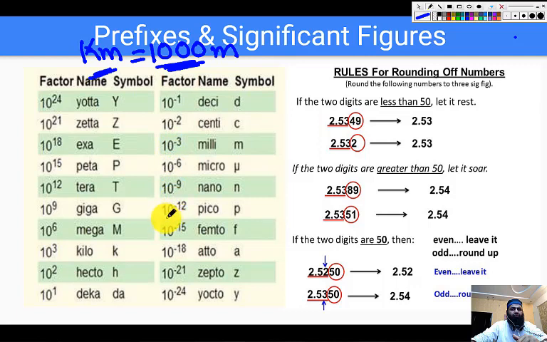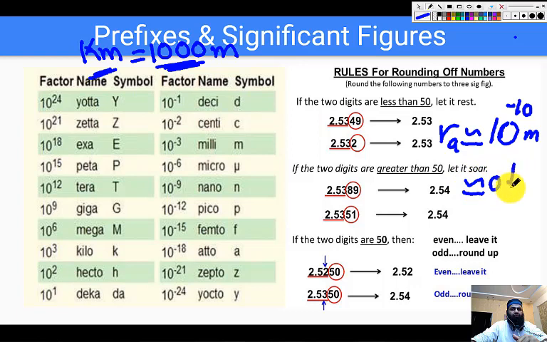For example, the radius of an atom is of the order of 10 to the power of minus 10 meters. We can also say that it is of the order of 0.1 nanometers.